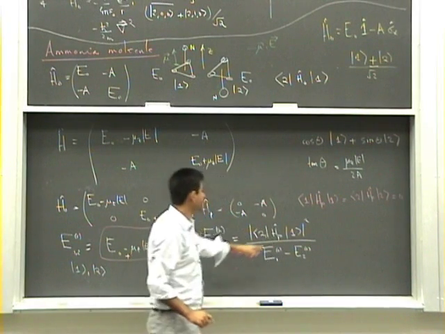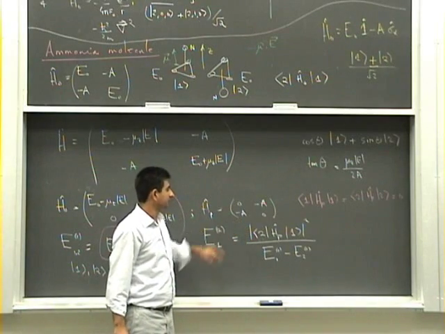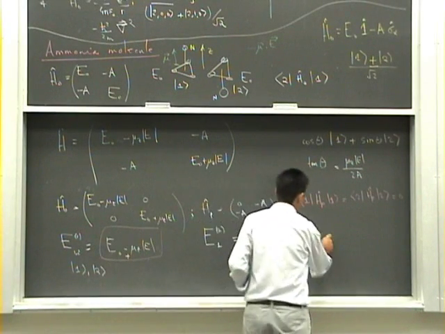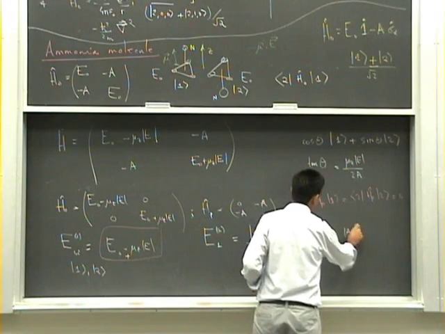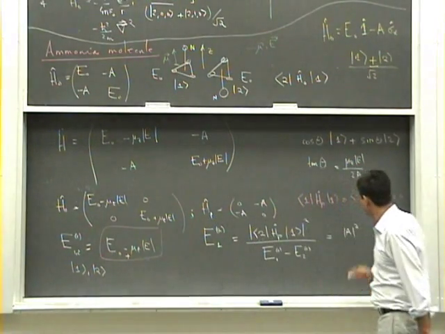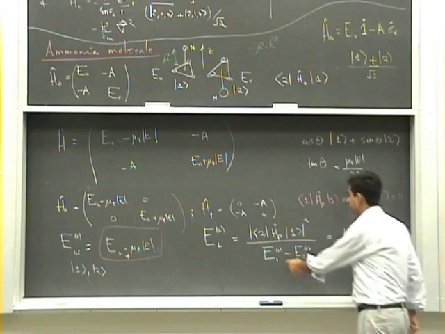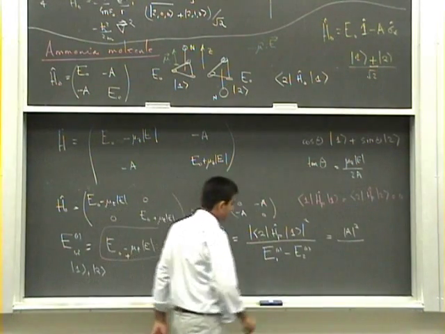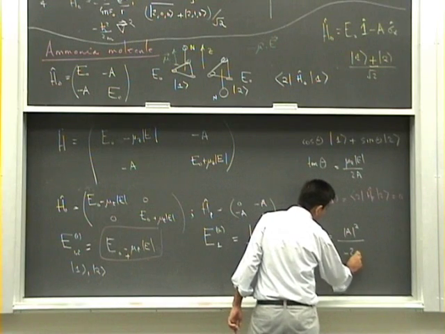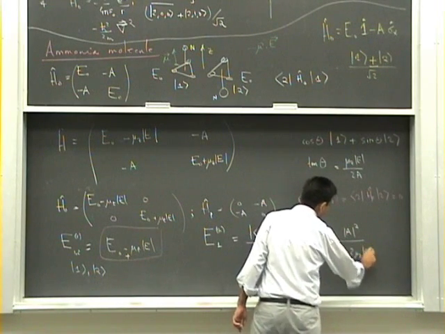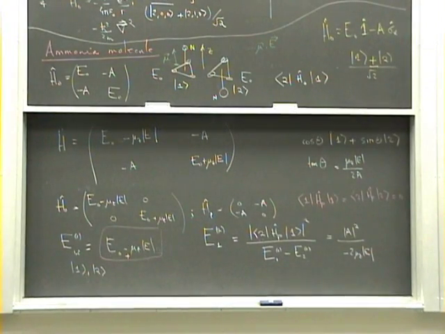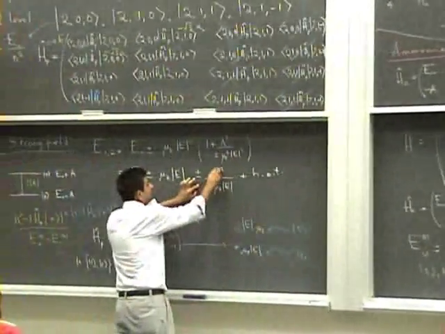Now what is this term equal to? It's just a modulus squared. We divide by E1 minus E2. We get minus mu G. And this exactly matches what we have here, right? The minus 1.